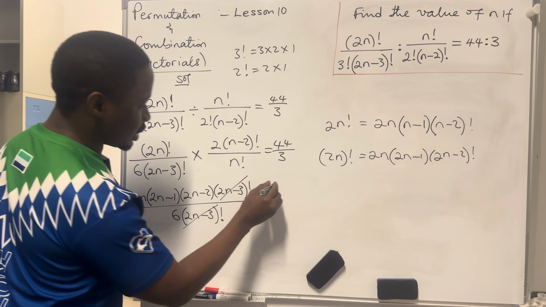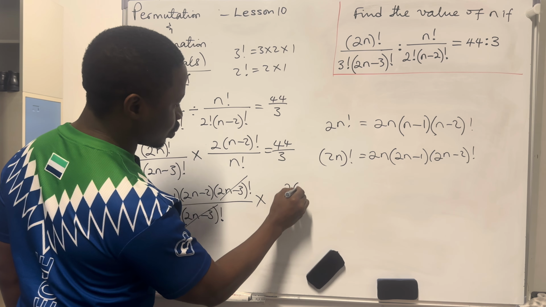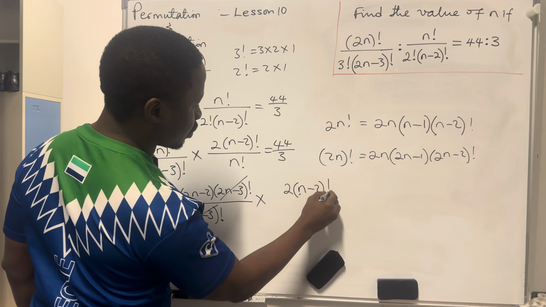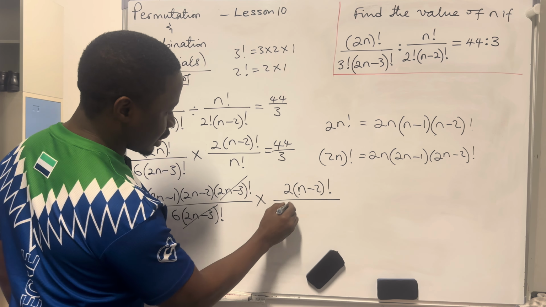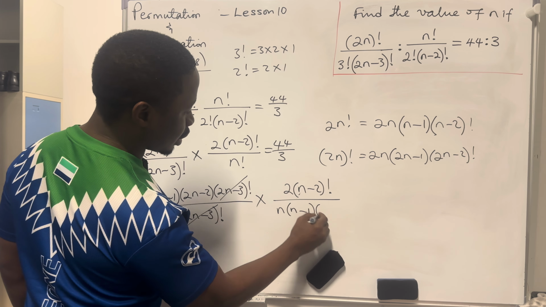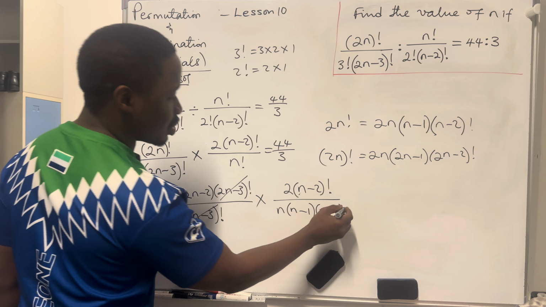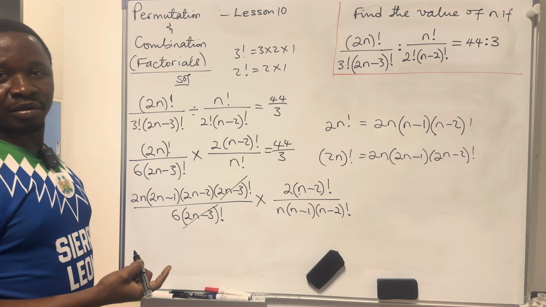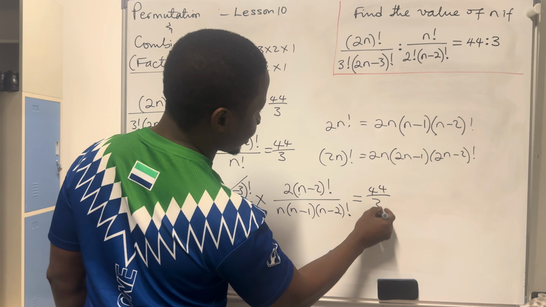Let us maintain this: 2 multiplied by 2, n minus 2 factorial. So n factorial is n into n minus 1, n minus 2. We stop here because we've seen this. The most important thing, we indicate the factorial. So this is 44 over 3.